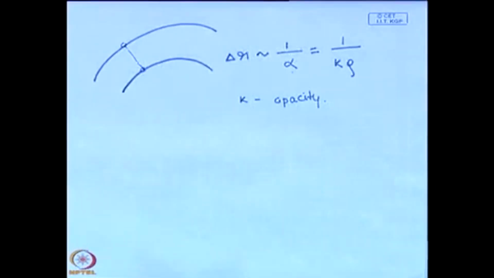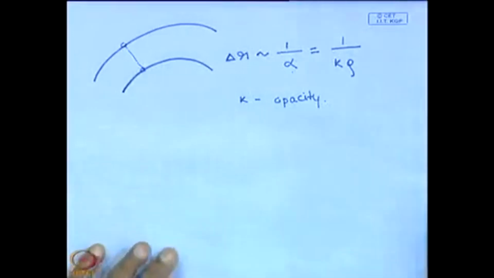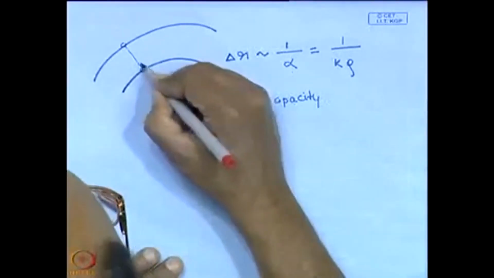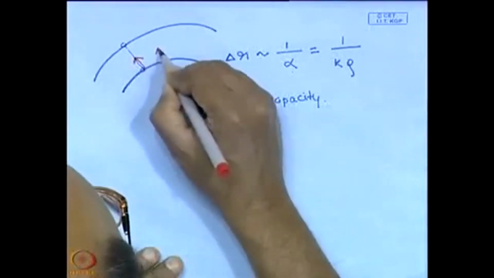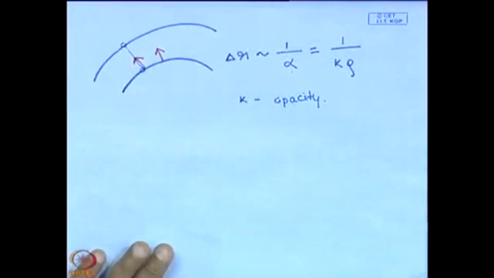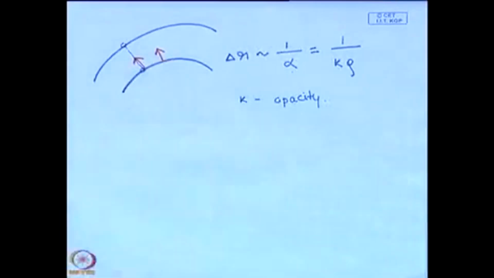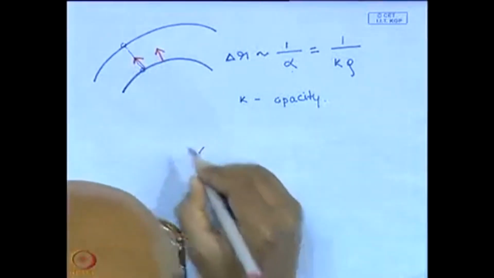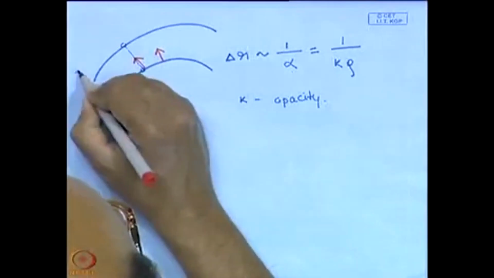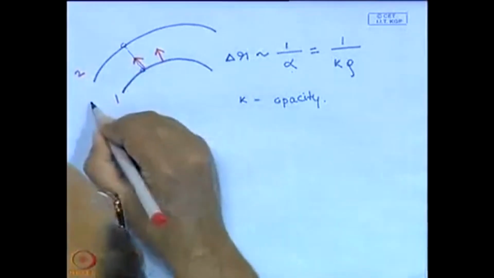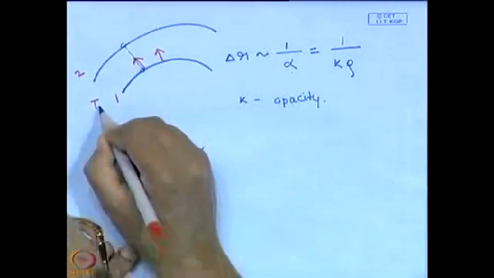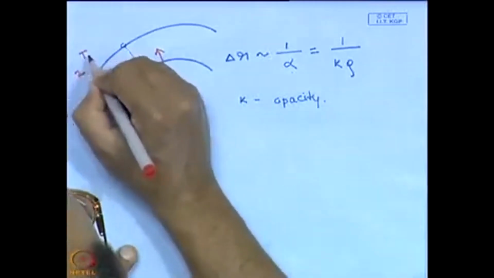Okay. Now, let us calculate the energy flux which is incident, which is being radiated by this surface. The energy flux being radiated out from this surface is, okay, we will call this 1, we will call this 2. The temperature here is T1, the temperature here is T2.